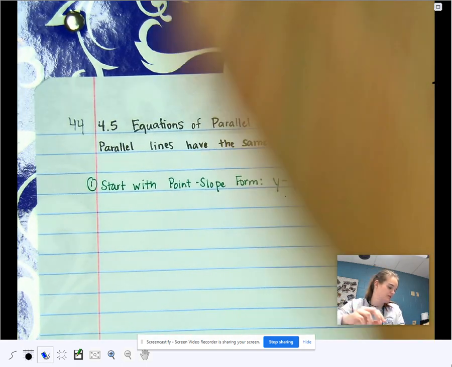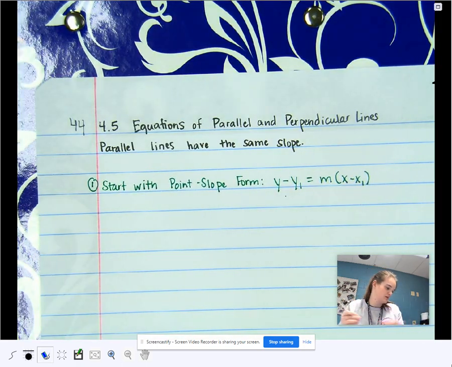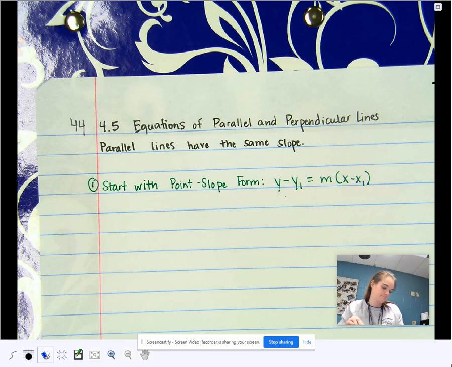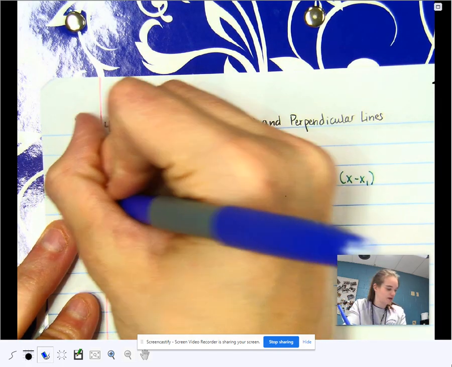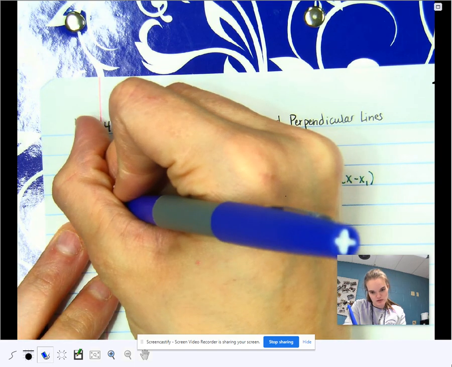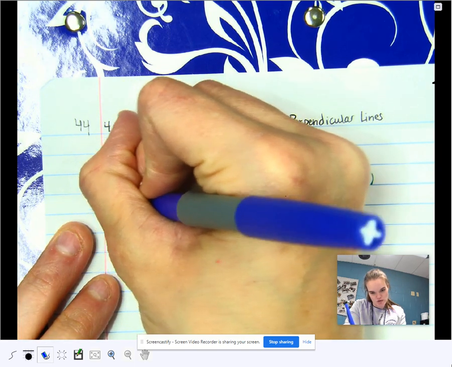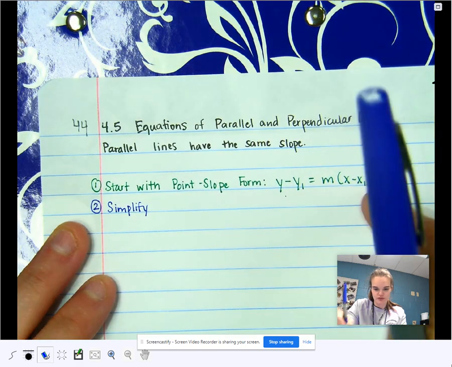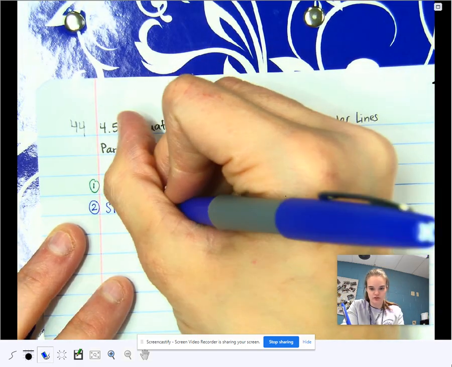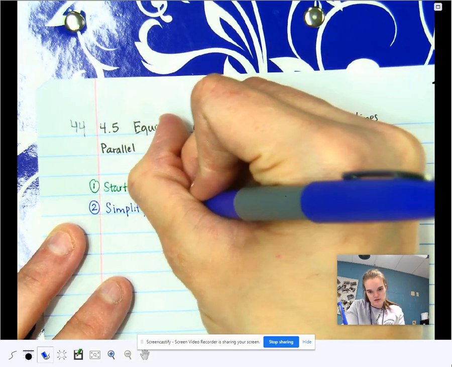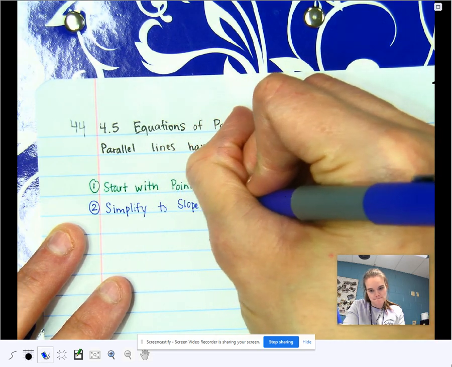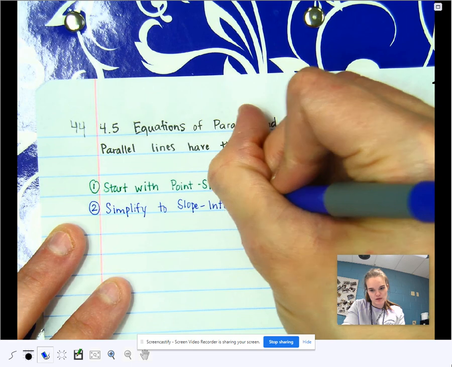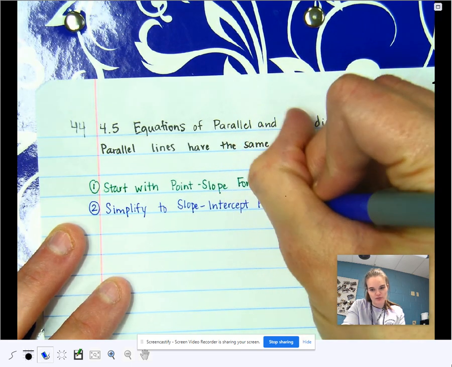And we will simplify that down to slope-intercept form, which is the one you know. You should know this one, but this is the one you know and have heard and use all the time. And that's y equals mx plus b.